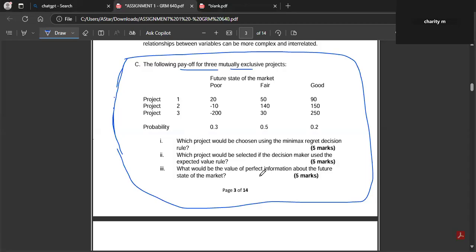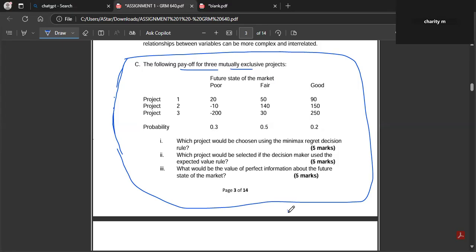So we have P1, P2, and P3, and the state of the market being poor, fair, and then good.